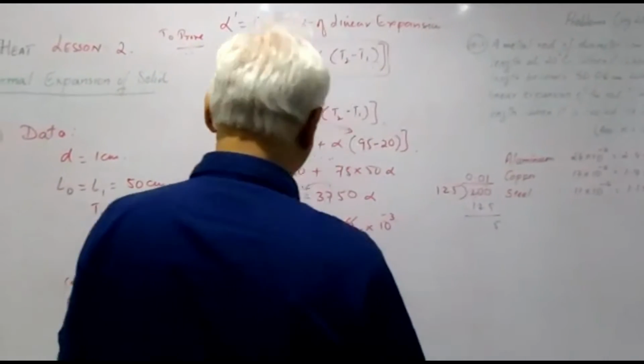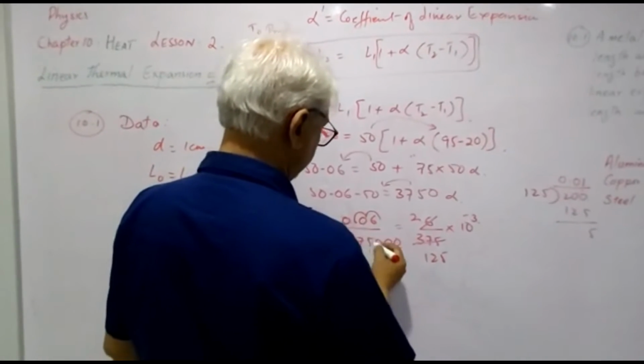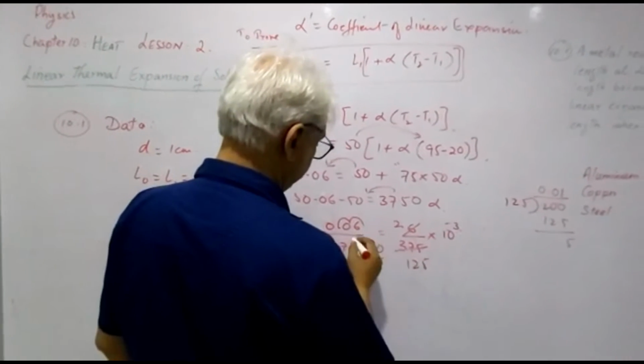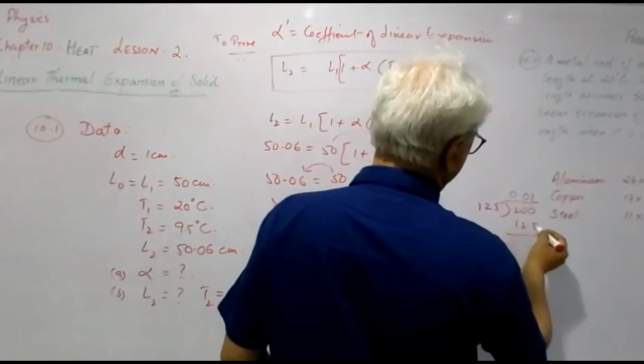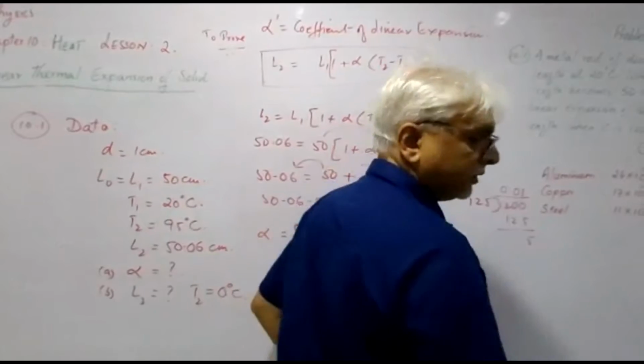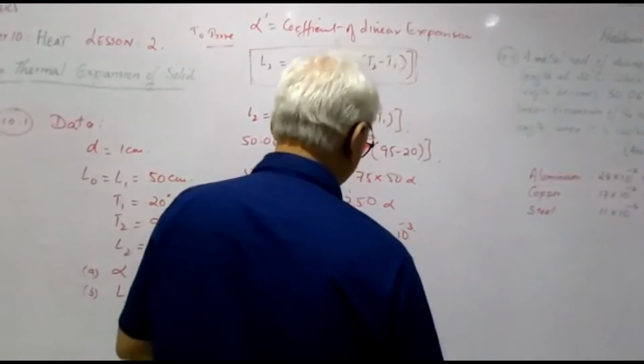Have I got it right? 3 twos are 6, 3 ones are 3, 3 twos are 6, 7, 3 fives are 15, 2 divided by 125. Let me just do it again.